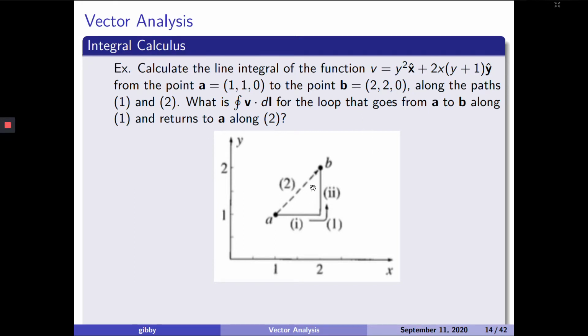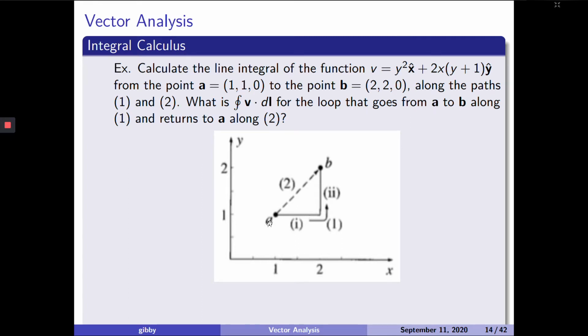But take note that going from a to b, we have two different paths to take. Either we take path 1 or path 2. So along path 1 and 2, what is the value of the closed loop line integral of this v dot dl for the loop that goes from a to b?